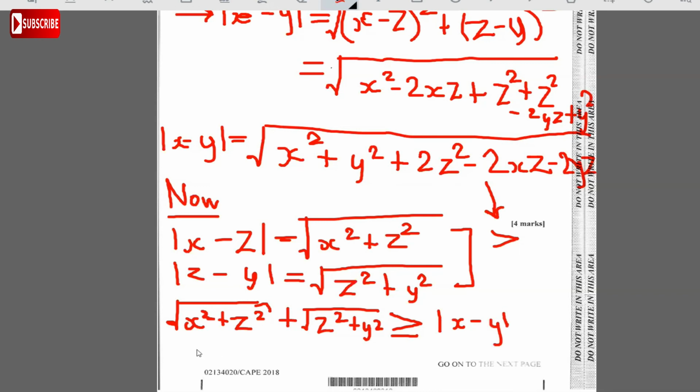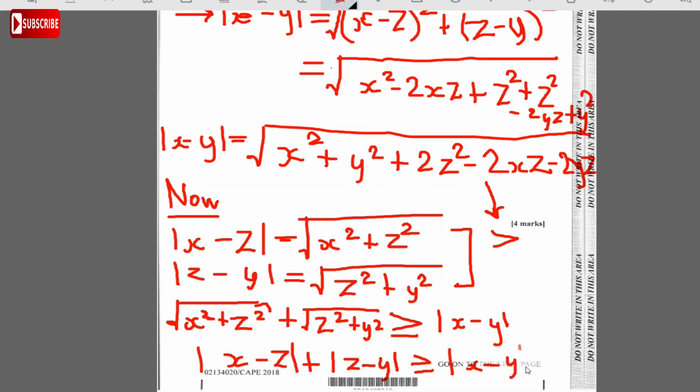So the modulus of x minus z plus the modulus of z minus y is definitely greater than or equal to the modulus of x minus y. That's the proof for it.